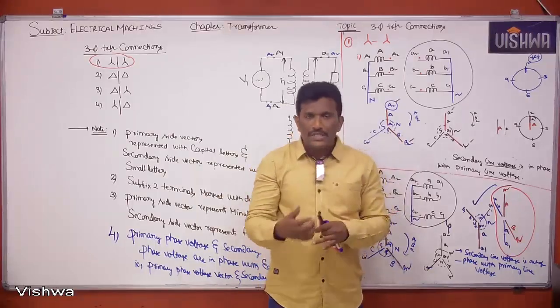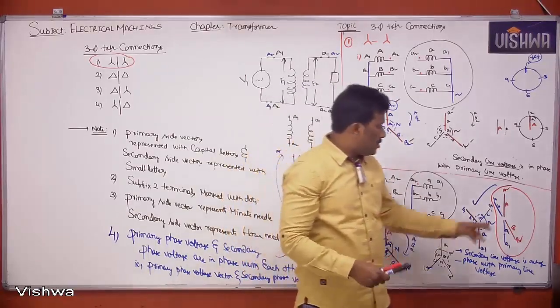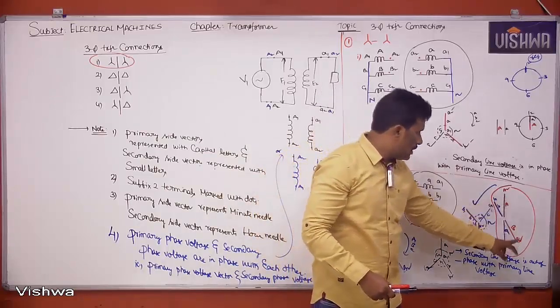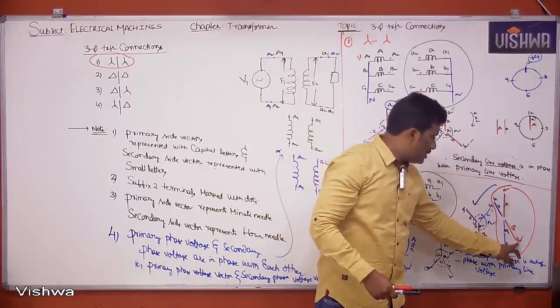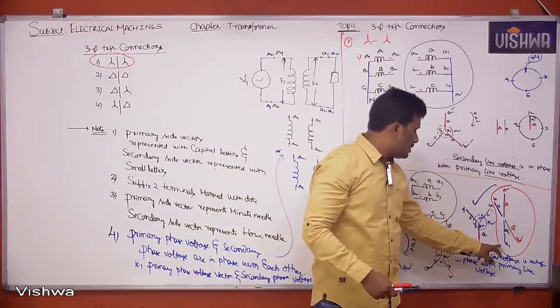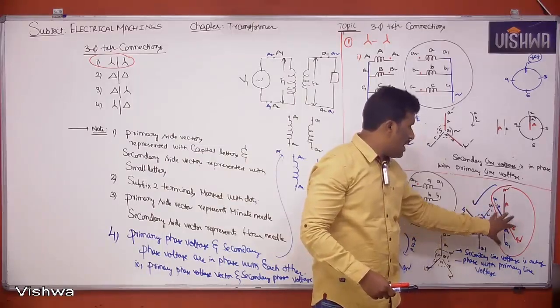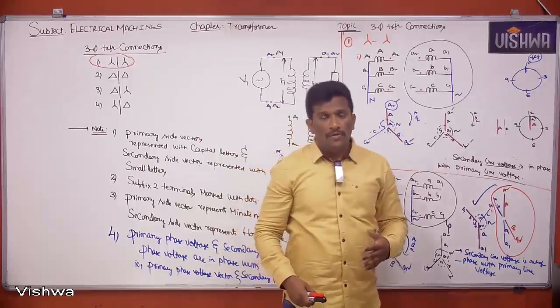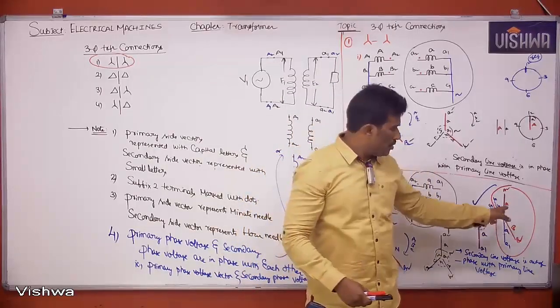For justifying the statement only, I just drawn this one, otherwise not necessary. Please don't draw all those things. I'm just comparing the line voltage of your secondary with the line voltage of primary.